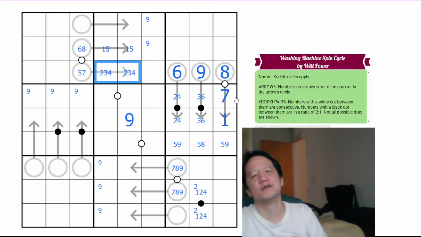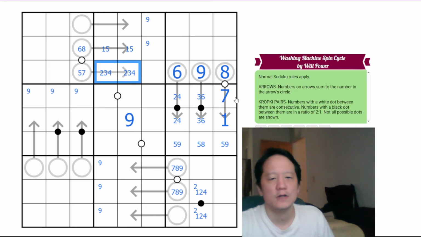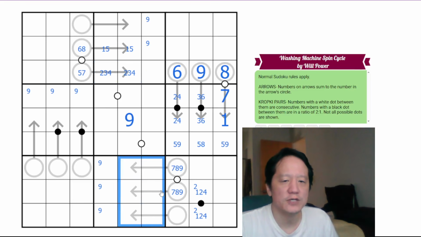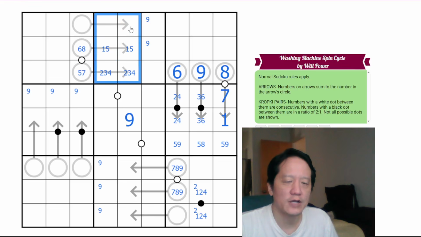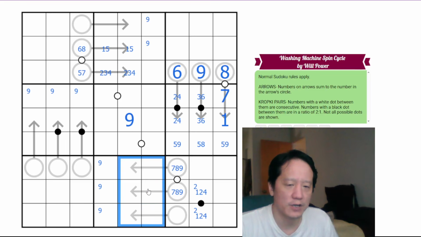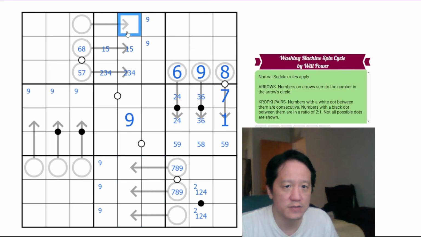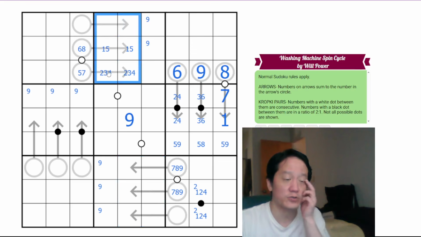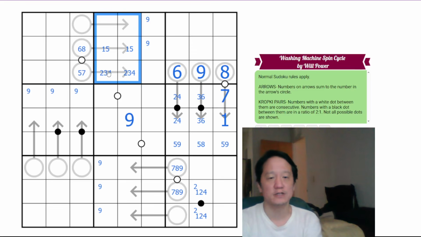Oh, that's another thing. All of these arrows in these boxes are guaranteed to add up to at least 21. And the reason why we know that is, what are the 6 lowest digits possible in a box? It's 1 through 6, and these are guaranteed to be unique, so they must be at least 1 through 6 here.